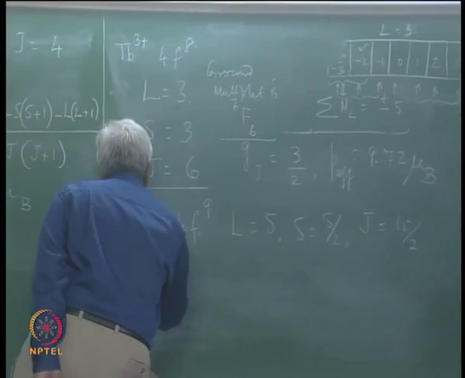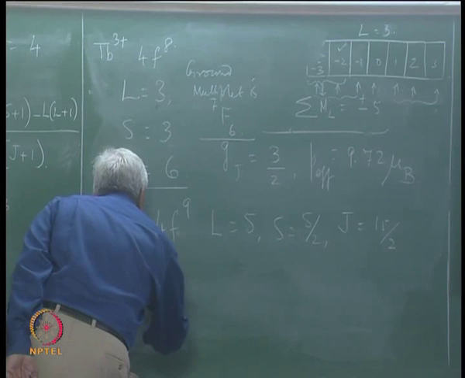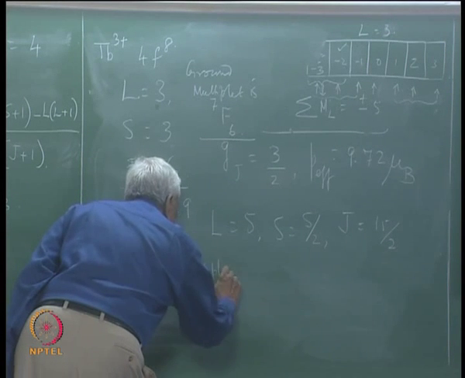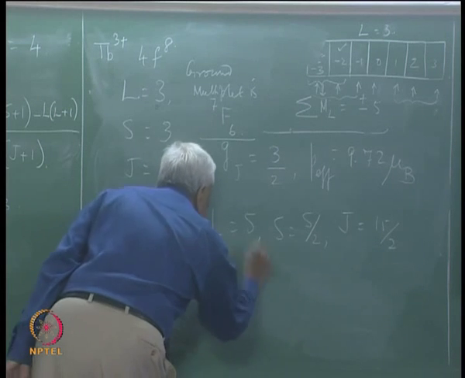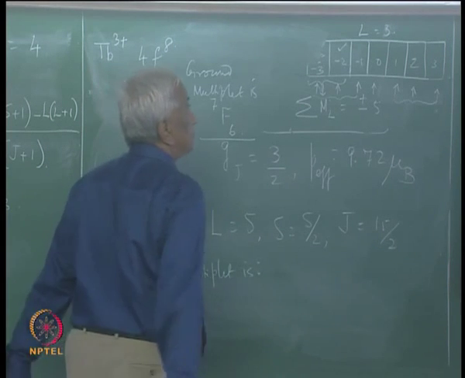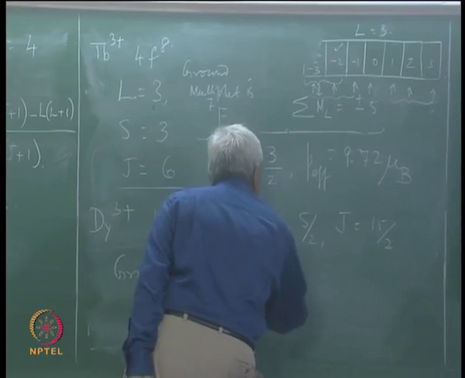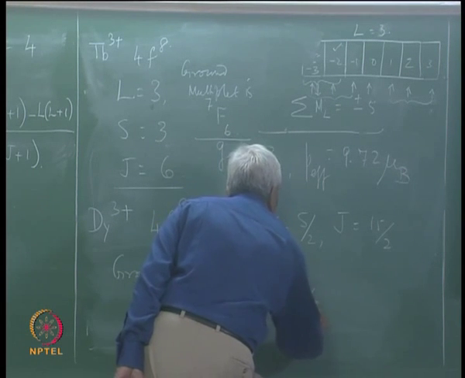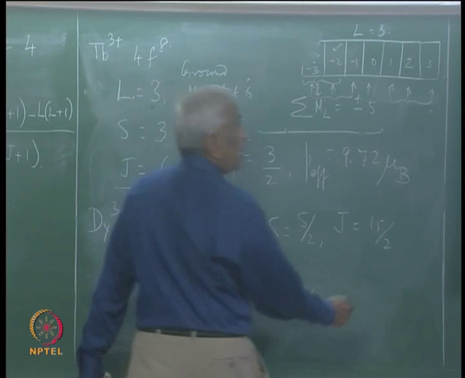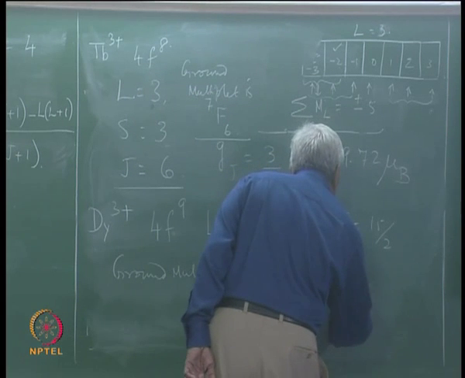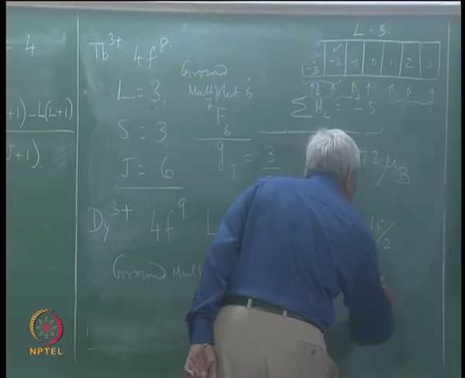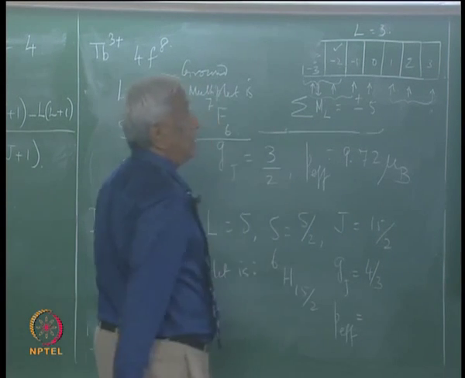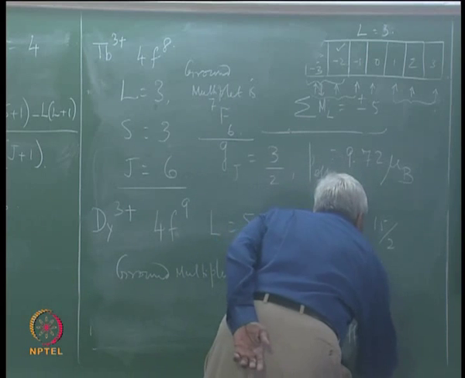So, the ground multiplet is 6H 15 by 2 and the Gj value is 4 by 3. The magnetic moment is 10.63 Bohr magnetons.